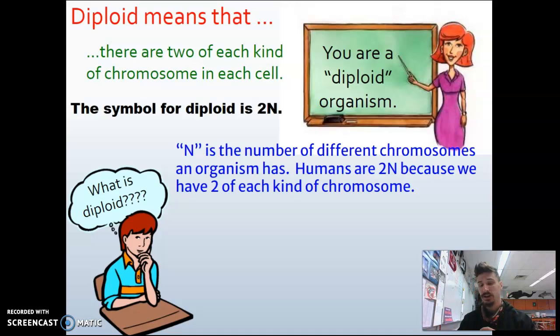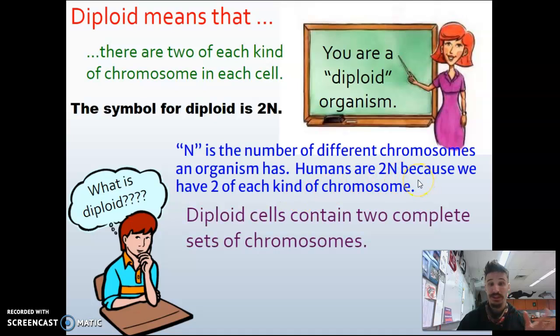If you think back to last class, that karyotype, that layout of all our chromosomes, there were two of every chromosome, two number 1s, two number 15s, right? Two of each kind. So diploid cells contain two complete sets of chromosomes, and every single cell in your body is diploid except sperm cells if you're a male and egg cells if you're a female.